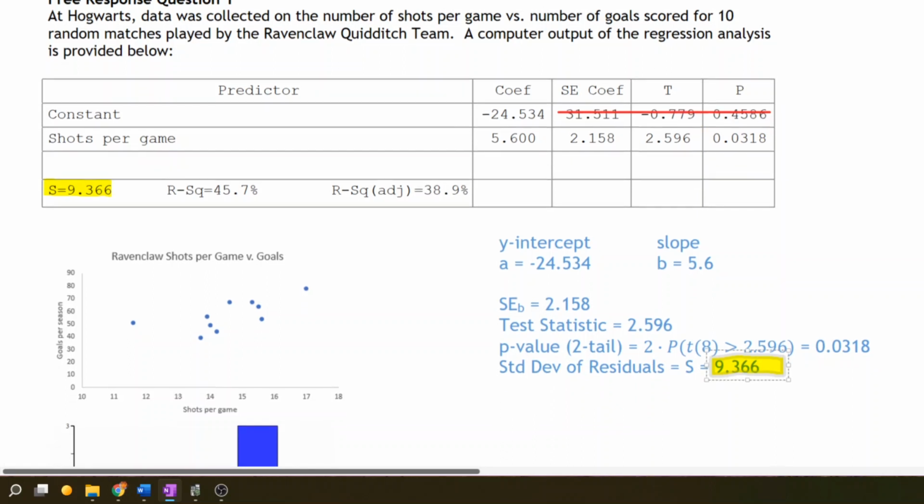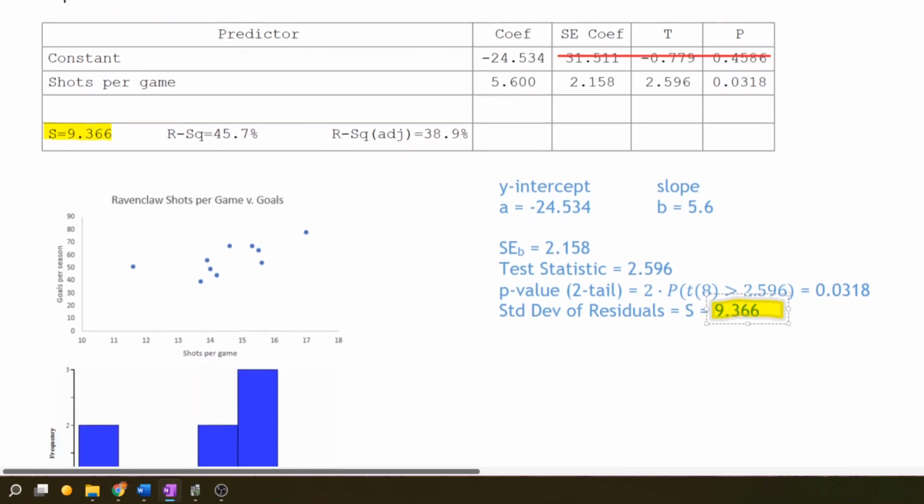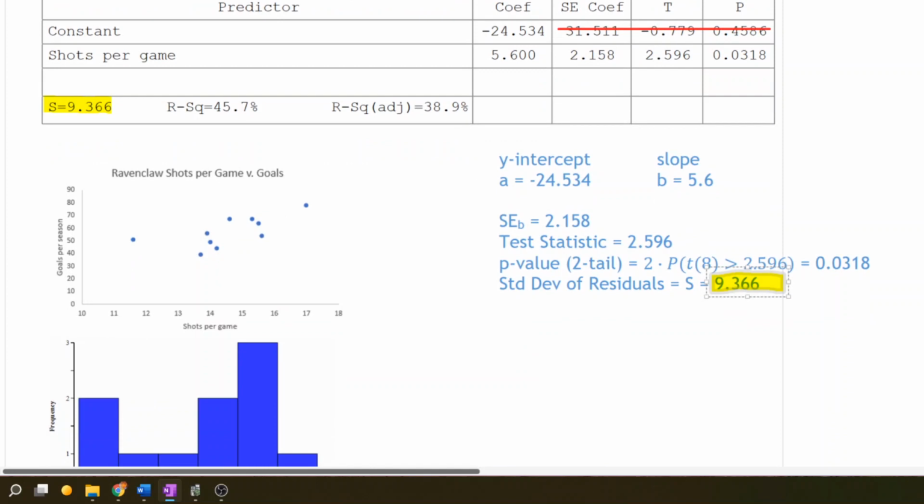Scrolling down a little bit, we get to the very last line of this regression output. And the first thing we see is S equals 9.366. That is the standard deviation of the residuals.